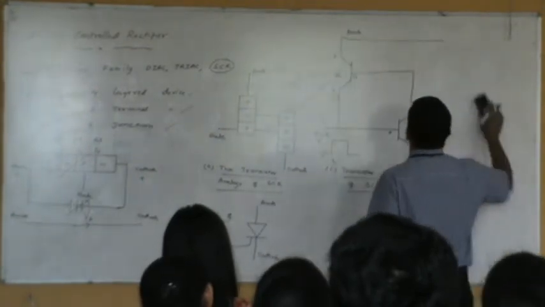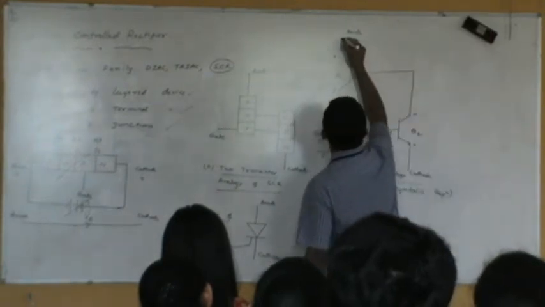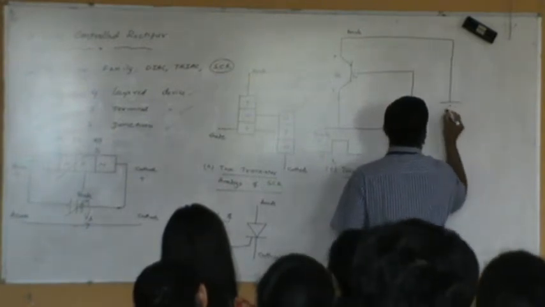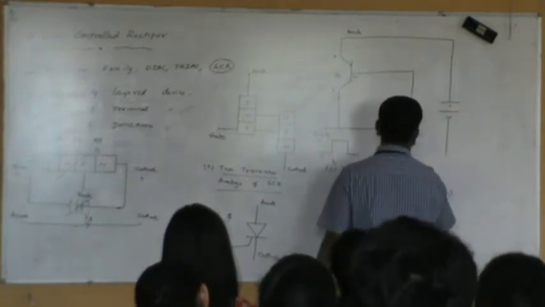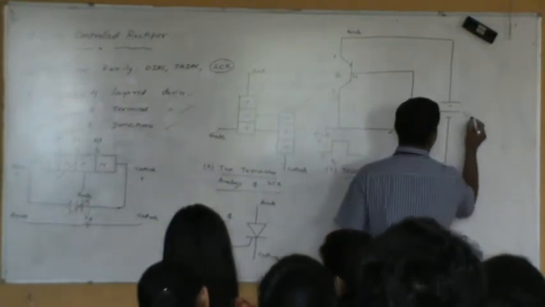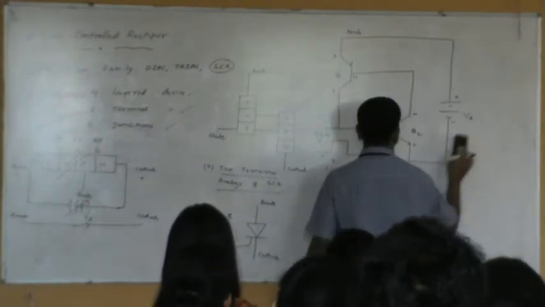Let me apply some voltage between anode and cathode. So this voltage let me call VA, plus to the anode and minus to the cathode.